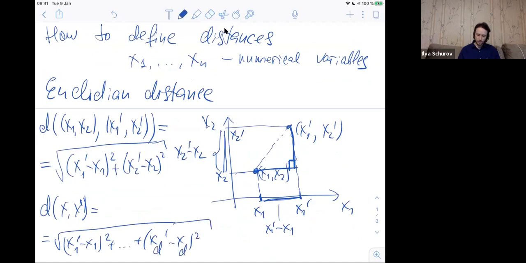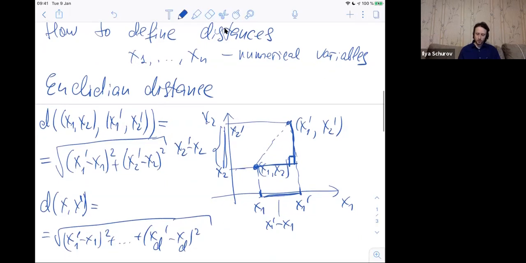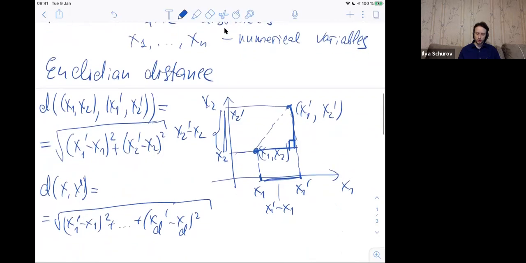Something like this. And this is the usual distance that can be used if you have numeric data.